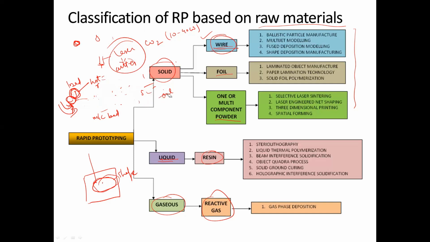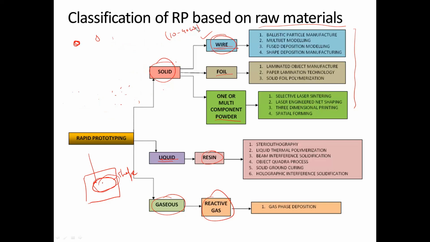Yes. Okay, now let's come to the third one, which is powder. The story of powder is the most unique, for the simple reason that over here you have got a powder lying on top of each other. Now you bring in heat. How are you bringing in heat?